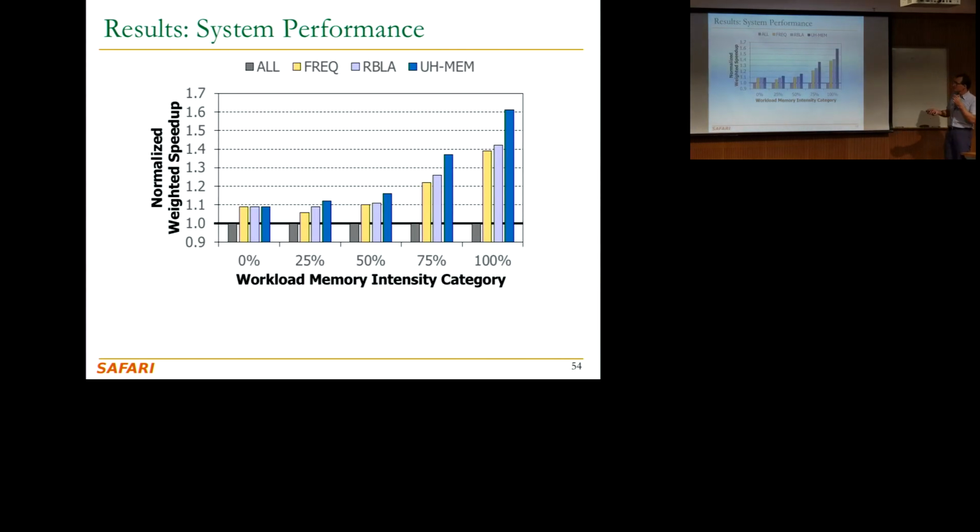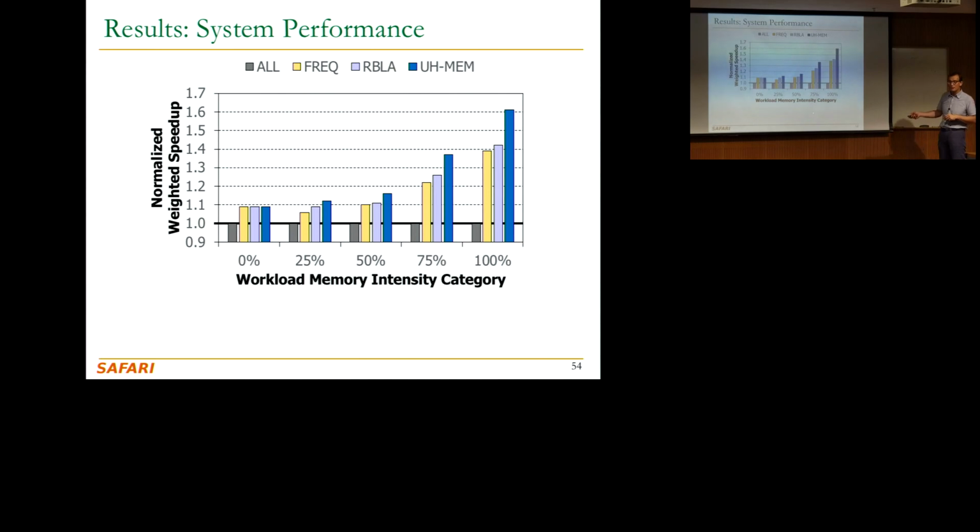So what are the benefits? Basically, this is the performance improvement in terms of weighted speedup, system performance. This is what happens if you migrate all pages. Whenever you access PCM, you migrate the page into DRAM. This is frequency-based migration. Basically, you have a frequency-based mechanism that decides, oh, these are the frequently used pages, and you migrate them. So this buys you actually a lot, as you can see.